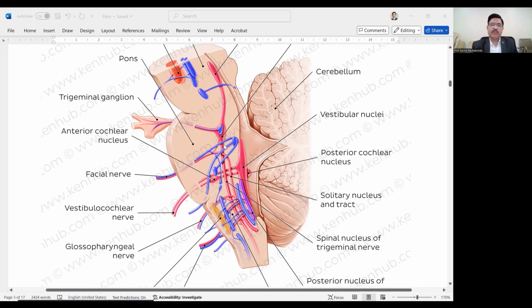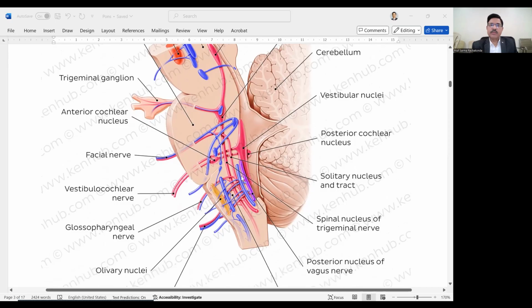Below that you have got the facial nerve and the facial nerve nucleus there, and also you have got the vestibular nuclei there, which are elongated nuclei, and of course the cochlear nucleus also is there posterior to that, the anterior cochlear nucleus and posterior cochlear nucleus. And this is the cochlear nerve, the red one below, the one above is the vestibular nerve, and still above is the facial nerve.